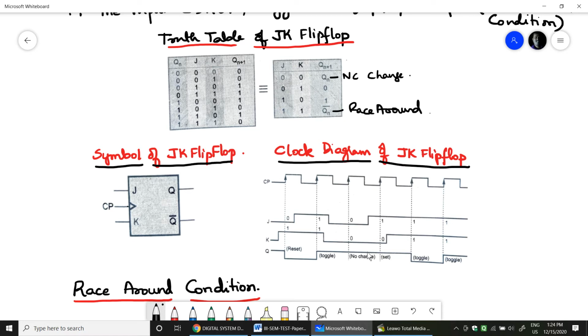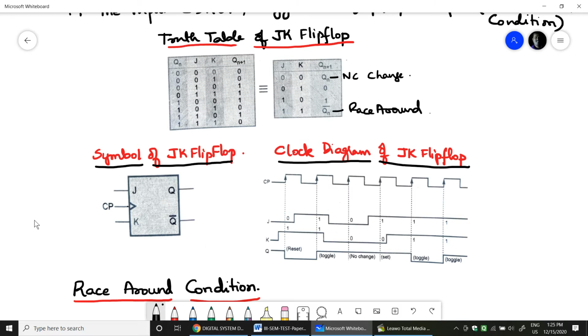In the next clock pulse, you see J is 1 and K is 0, therefore the output remains in the set condition. Now in the next positive edge triggered clock pulse, you see J and K is 1 1. Again it gets into toggling condition and so on. So this is how the JK flip-flop works.